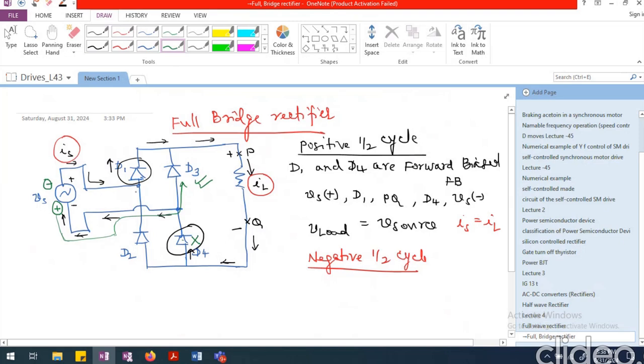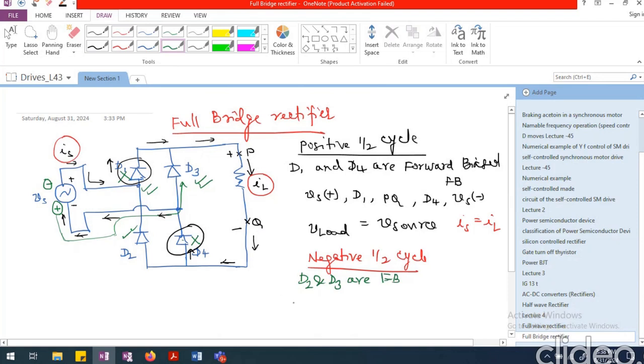Similarly, this minus is connected to the anode of D1, so D1 will not conduct, but the same point is connected to the cathode of D2, so D2 will conduct. So D2 and D3 are forward biased during the negative half cycle.